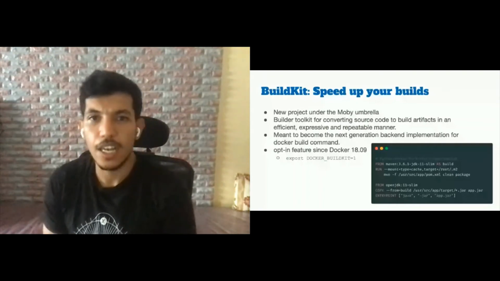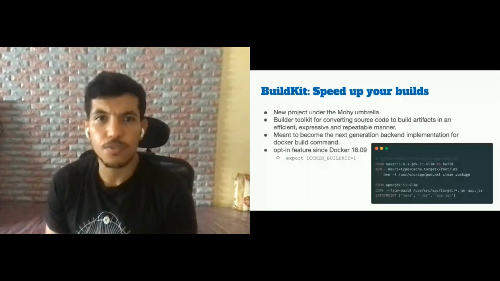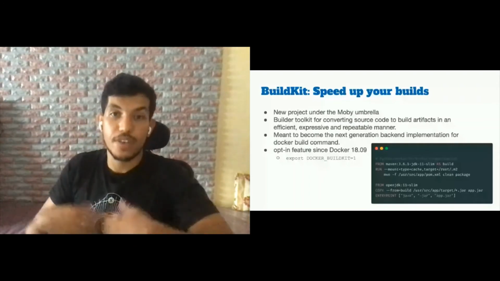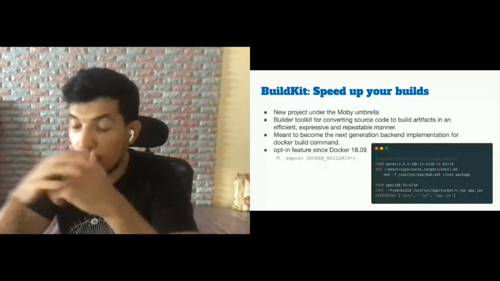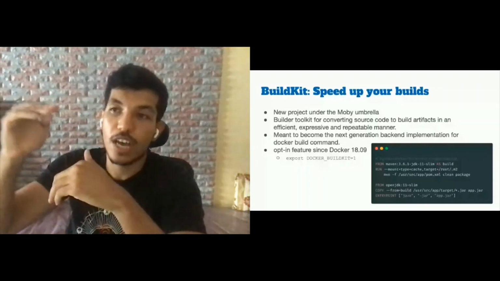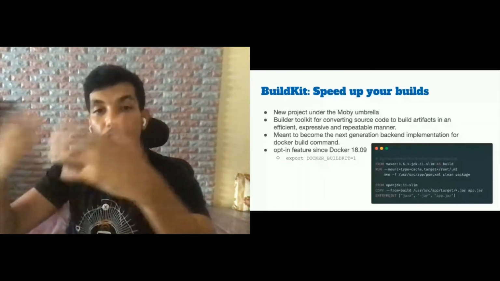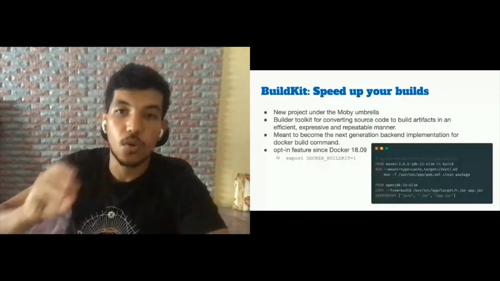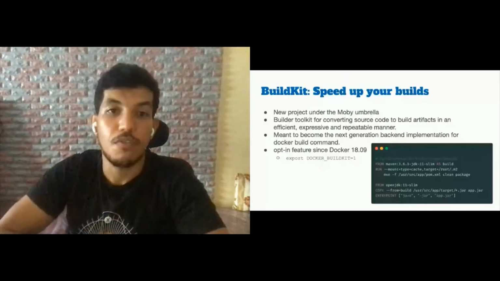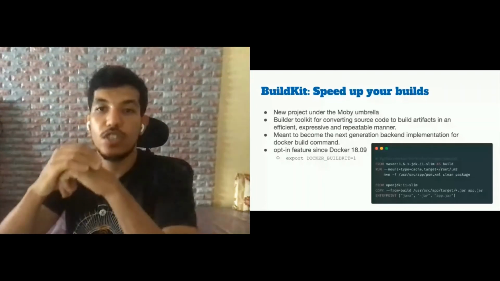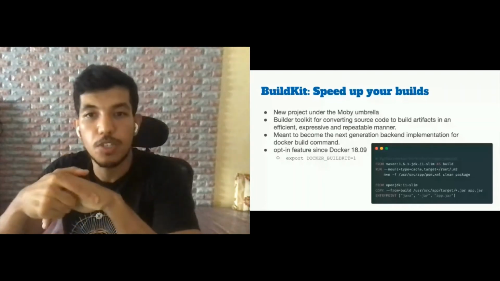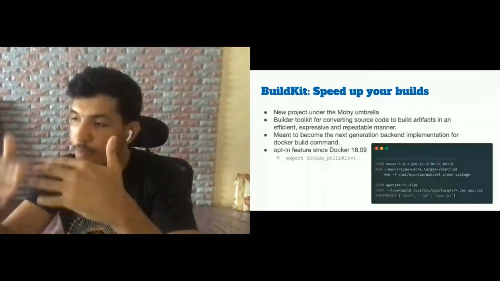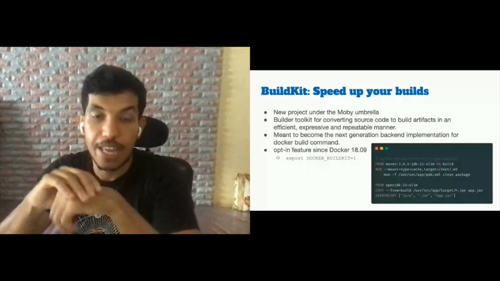So BuildKit introduces a concurrent build graph solver, which can run builds in parallel. That's a great thing. The current Docker builder runs commands in sequential order. BuildKit can run them in parallel. Also, BuildKit tracks only the updates made to the files between repeated build invocations, and that obviously optimizes the access to the source files. And it comes with a lot of things.